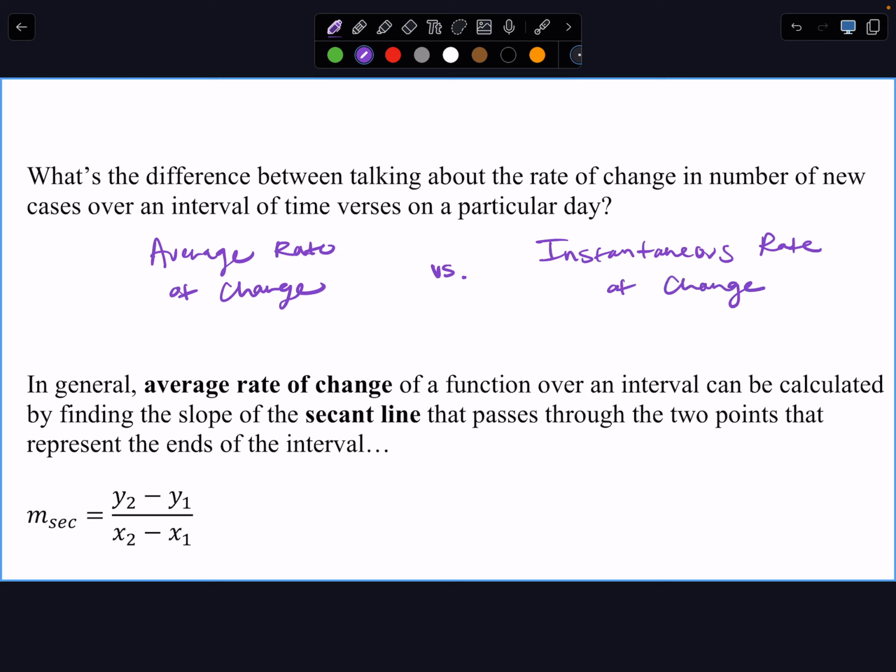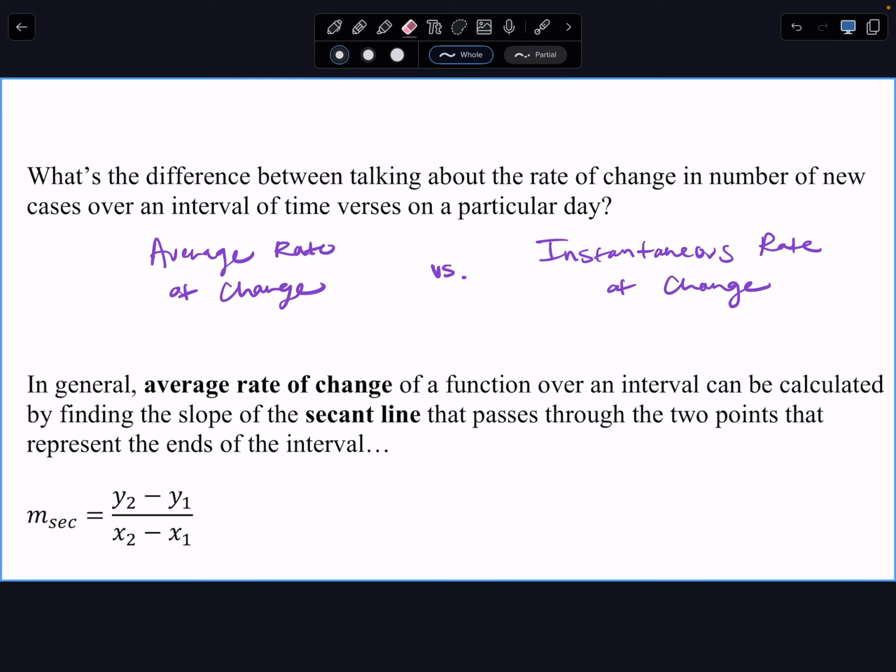Average rate of change, AROC, is when we're talking about over an interval of time, versus instantaneous rate of change, which is at a particular moment in time.